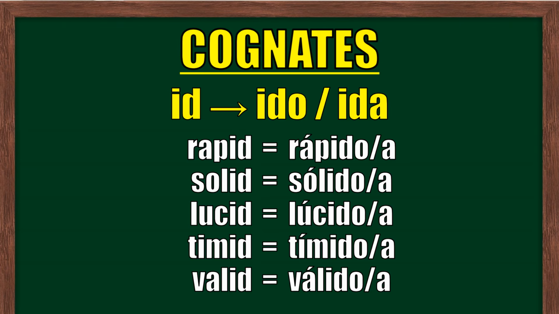As you can see in this category as well, when we add the O to convert these words into Spanish words, we also have to add an accent mark on the third to last syllable. All of these words in this category also have the accent on the third to last syllable, so you have to write that accent mark over the vowel in that syllable. Rápido, sólido, lúcido, tímido, válido. So now you know the conversion, and so you don't have to look up or memorize any of these words.